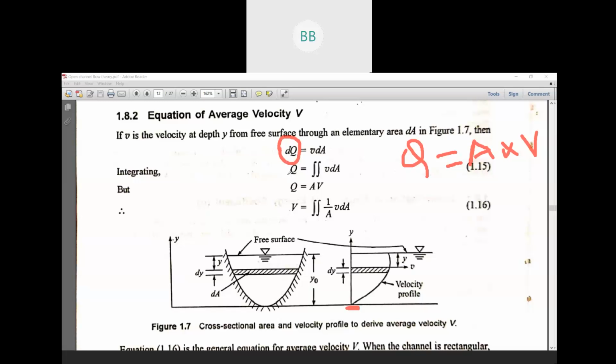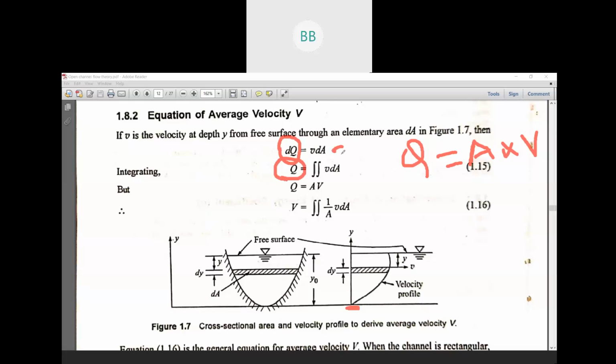In the previous case we calculated kinetic energy for a small elementary area, and then we integrated, or took the summation, to find the whole kinetic energy for the whole cross-sectional area. Here also we have the discharge for the small area, and we calculate the discharge for the whole cross-sectional area by taking summation.